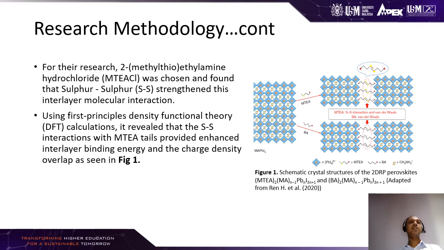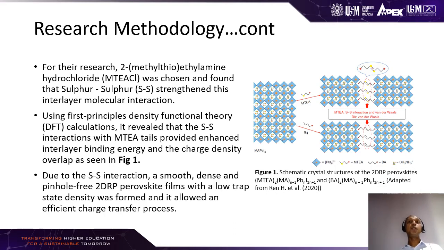Using the first principle density functional theory DFT calculations, it revealed that the S-S interactions with MTEA tails provided enhanced interlayer binding energy and the charge density overlap as seen in figure 1 here. Due to the S-S interaction, a smooth, dense, and pinhole-free 2DRP perovskite film with low trap state density was formed, and it allowed an efficient charge transfer process.